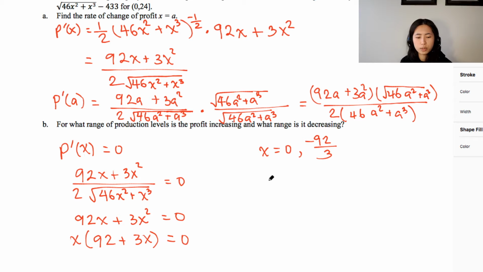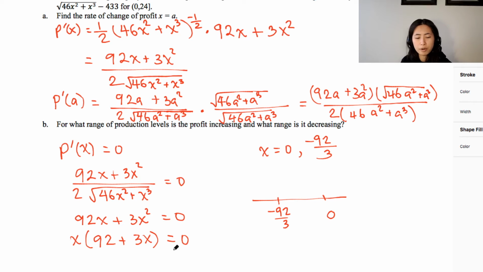It's really up to you how you find that. I like to sketch a parabola, because I know that this is a parabola. I'm going to plot my zeros, and negative 92 over 3 is first on the number line, then 0.